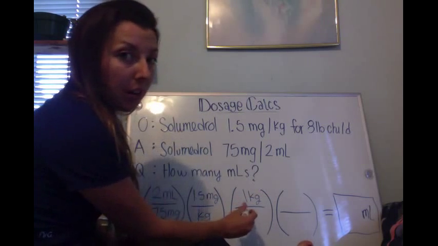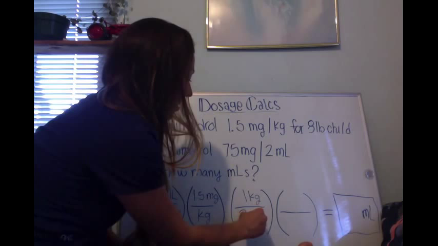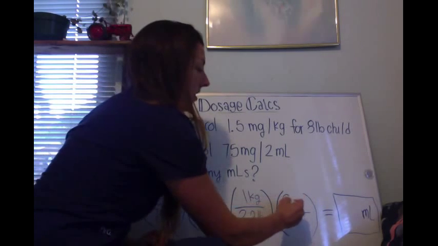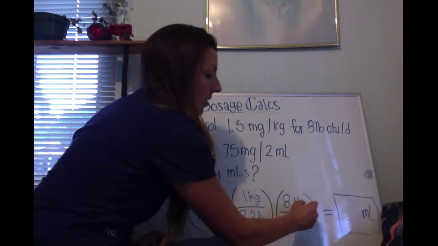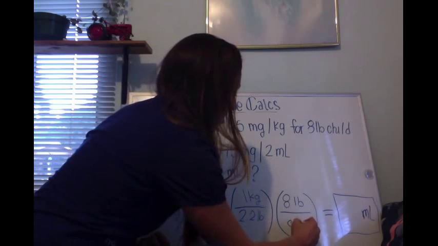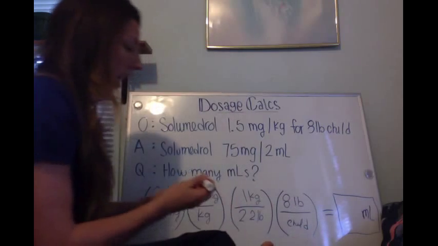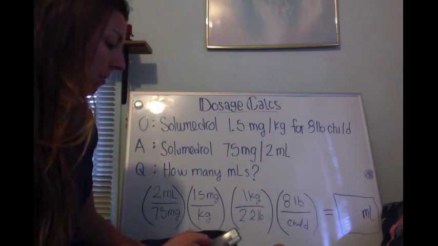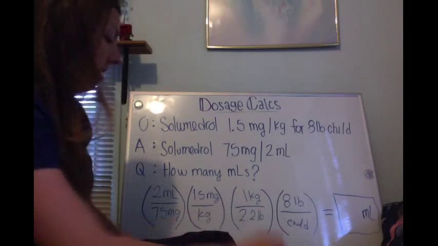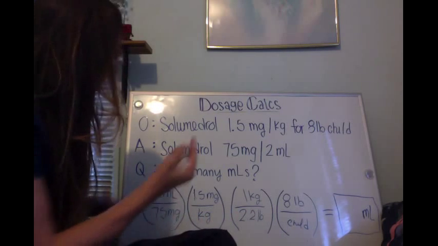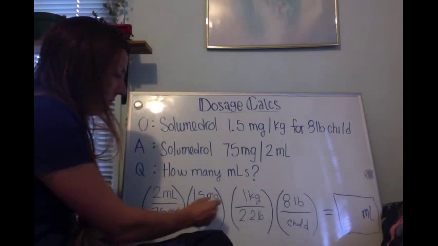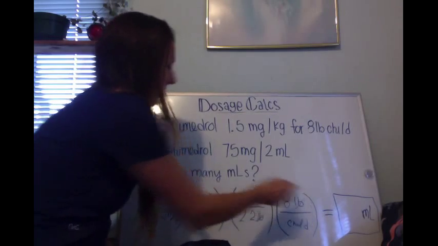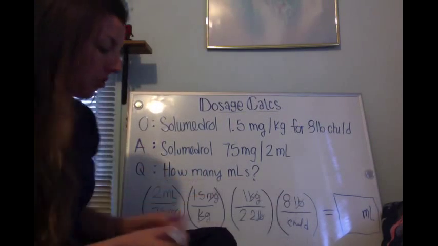I know that 1 kilogram equals 2.2 pounds, which we need to add in how big this child is. 8-pound child. Okay, before we do the math, we see that we have all of the correct units here. So, milligrams, milligrams, kilograms, kilograms, pounds, pounds, left with milliliters for this child.